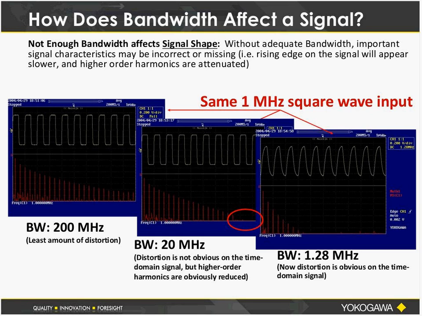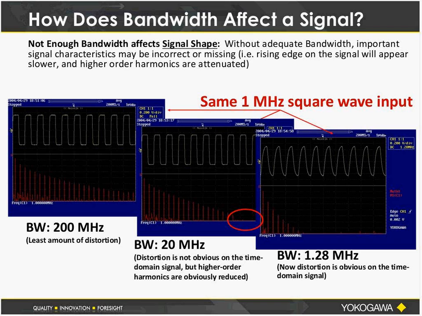So if we were looking for the absolute best information about the higher frequency characteristics, then we wouldn't be able to see past 20 megahertz in the second example. And then in the last example, of course, we restrict the bandwidth to 1.28 megahertz. It's still higher than the fundamental frequency of the square wave, but all the higher frequency harmonics are getting attenuated, and then we get severe distortion in the signal.